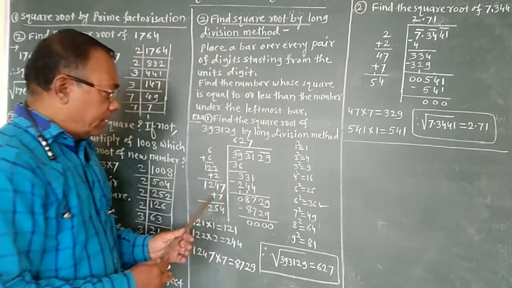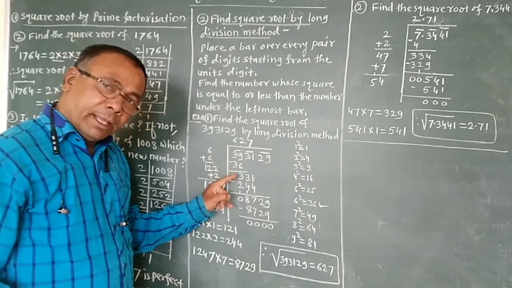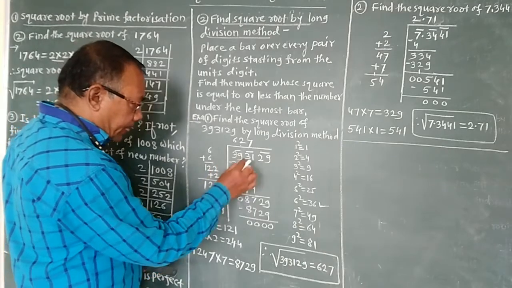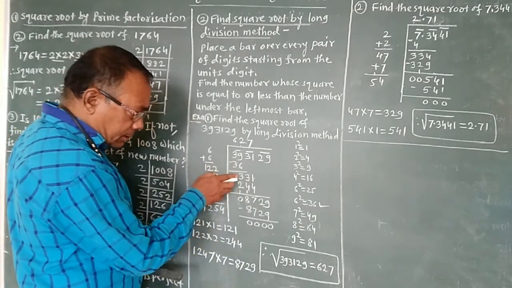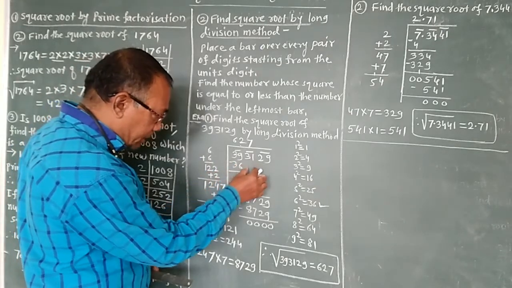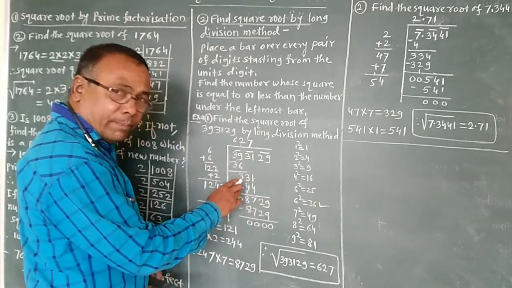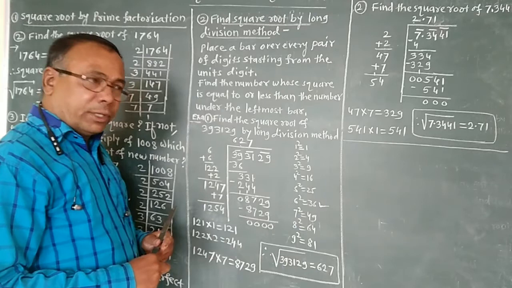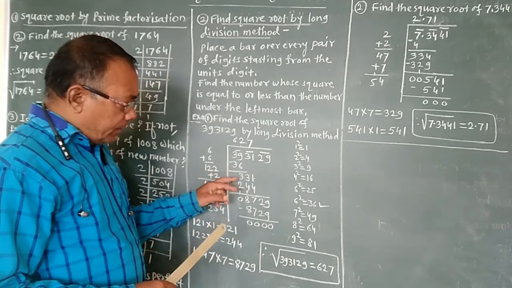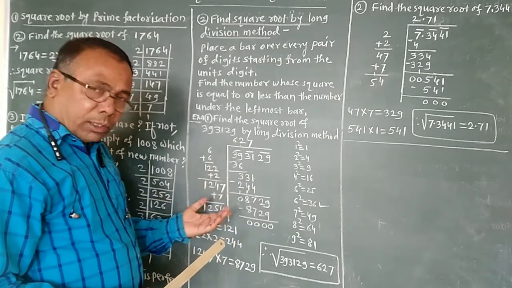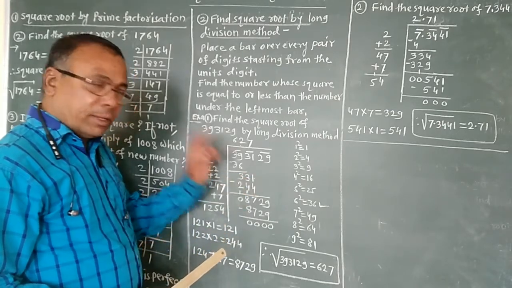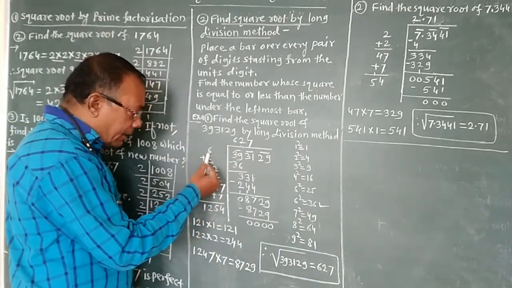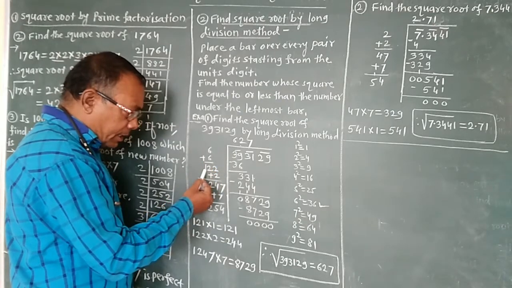Now subtract: 39 minus 36 is 3. The remainder is 3, so take down 31 and the number becomes 331. Now we have to find a division such that the product is 331 or less than 331. But before that, we take 6 and add 6, which gives 12.